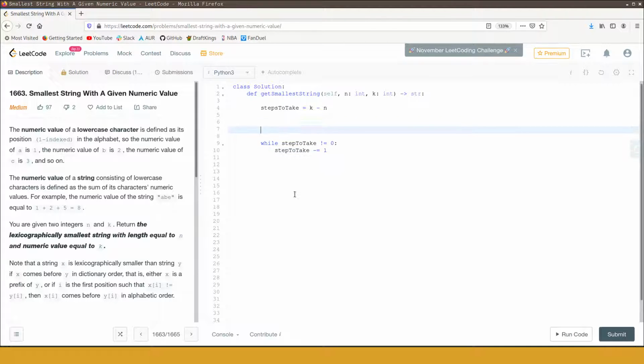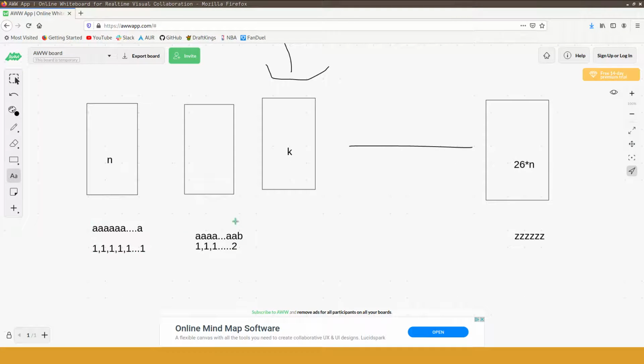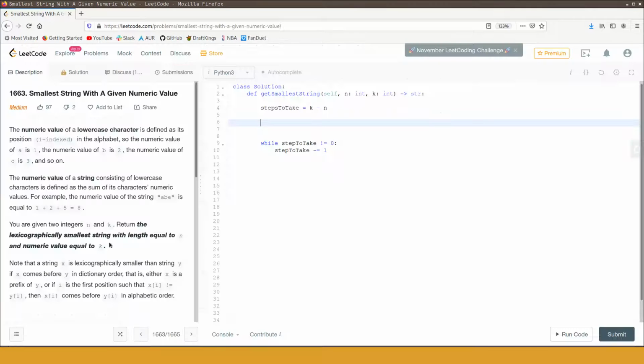Remember how I'm saying we add 1 to this starting string, and we just keep adding 1. We add 1, we add 1, we add 1. Well, the starting string can be encoded the following way. Let's say the start is equal to 1 for i in range n. And what was the adding step that I said earlier?